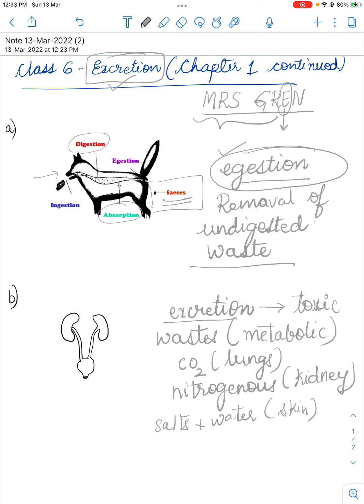I repeat, excretion is the removal of toxic waste which is formed in the body because of metabolic reactions. These toxic wastes can be carbon dioxide, which is excreted through the lungs, or nitrogenous waste, which is excreted by our kidneys, or salt and water, which are removed through our skin.